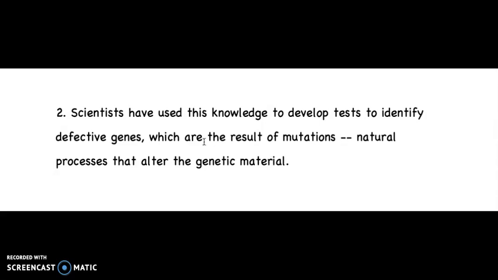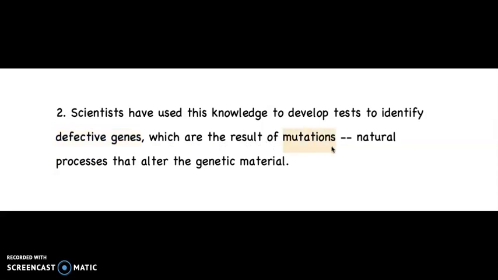In this sentence, the result of tells us that there's a cause and effect. So something is the result of something else. So we have defective genes. These defective genes are the result of mutations.